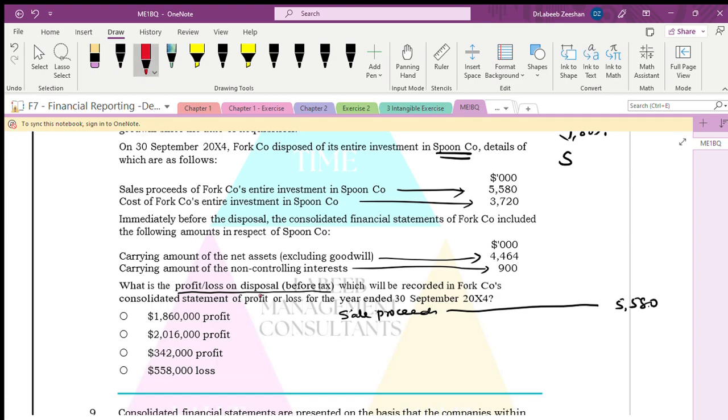Next, net assets at disposal. How much? 4464. Goodwill at disposal is how much? 900.